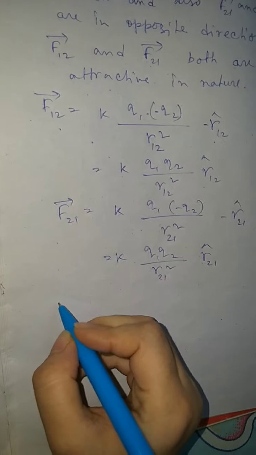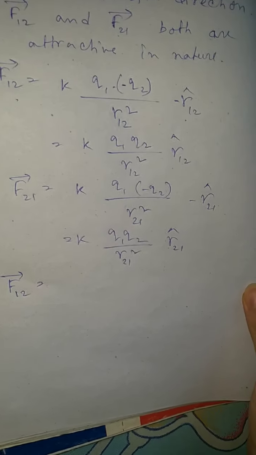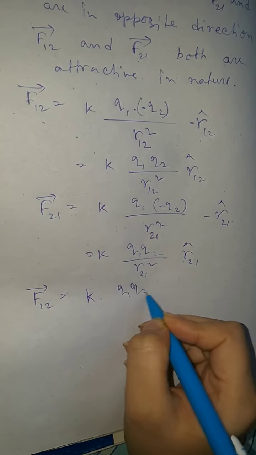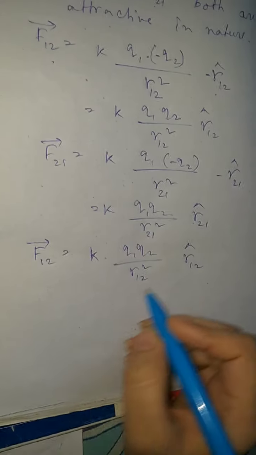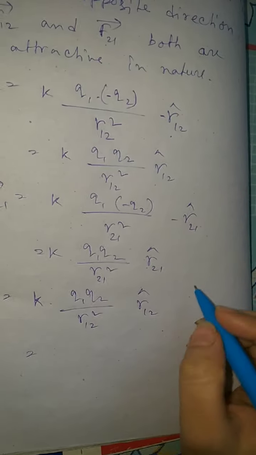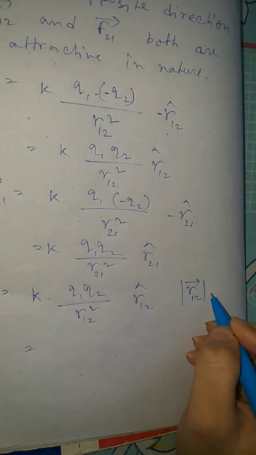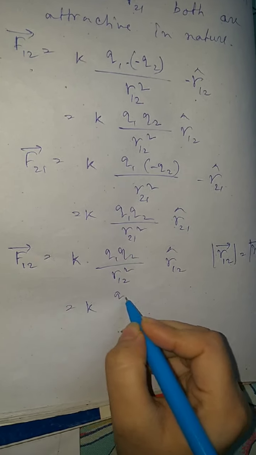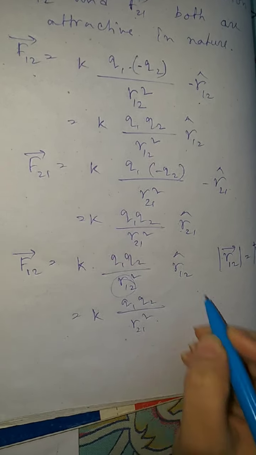So F12 vector equals K into Q1 Q2 by R12 square R12 cap. We already know the magnitude of R12 vector is equal to the magnitude of R21 vector. So we can replace this R12 by R21.